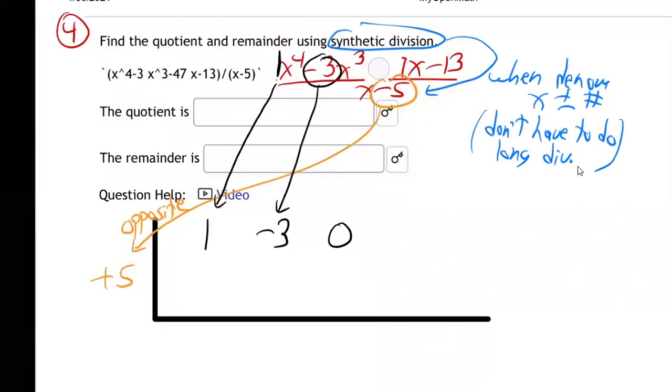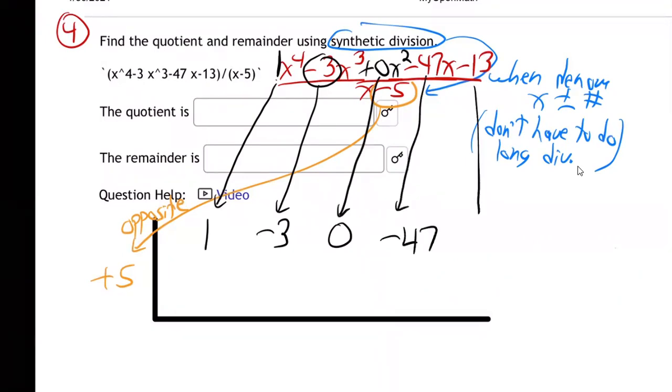Would it help if I wrote it in up here for you? You don't have to, but maybe since I'm teaching it, it would make it more clear for you. They're missing the x squared term. So we've got to fill in plus 0x squared. I'll go back to the other, minus 47x, minus 13. Do you see that? The x squared term is missing. So if one of them is missing, you have to fill it in with a 0.